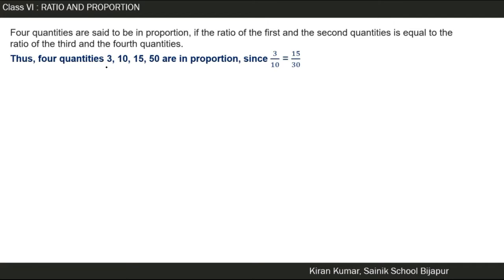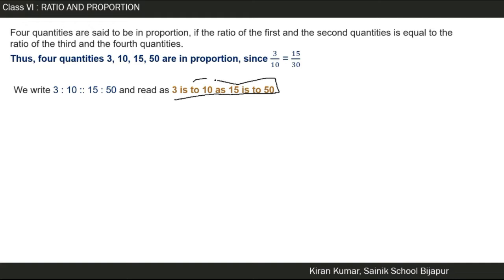The four quantities 3, 10, 15 and 50 are in proportion because 3 upon 10 is the same as 15 upon 50. We say that 3 is to 10 as 15 is to 50.